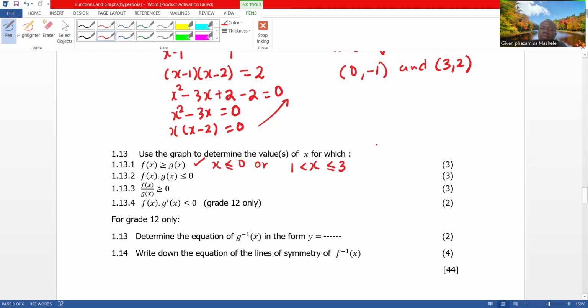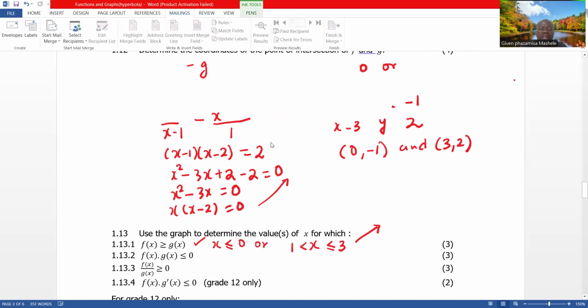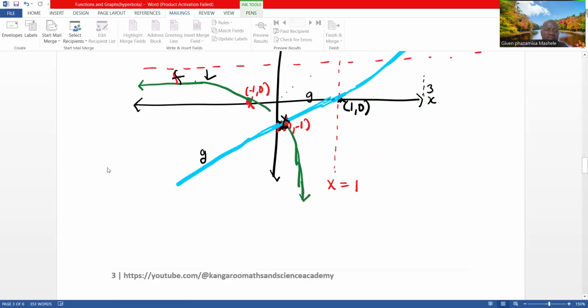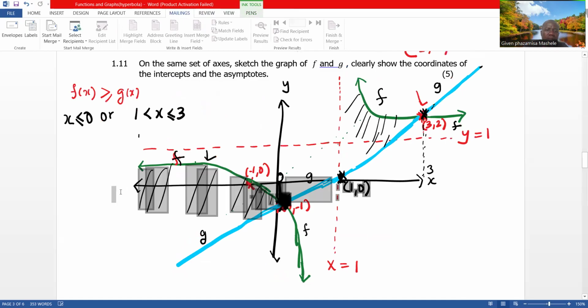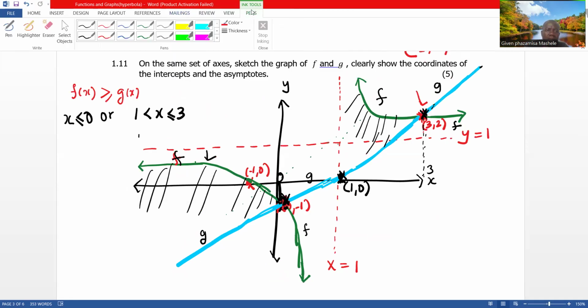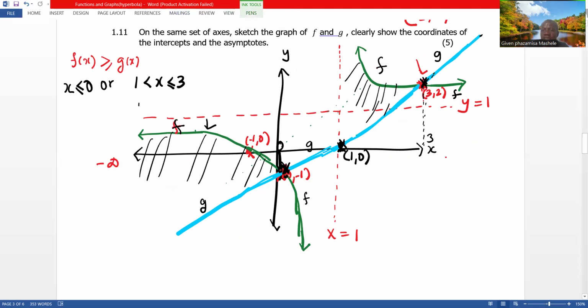Another way would be, we can write this in set notation to say we allow any number from negative infinity, because remember, this side is negative infinity and this side is positive infinity, up until 0, and from 1 up until 3.